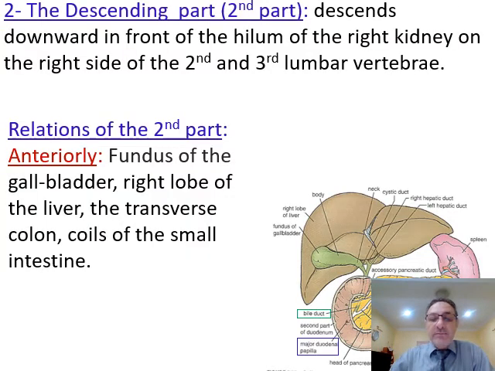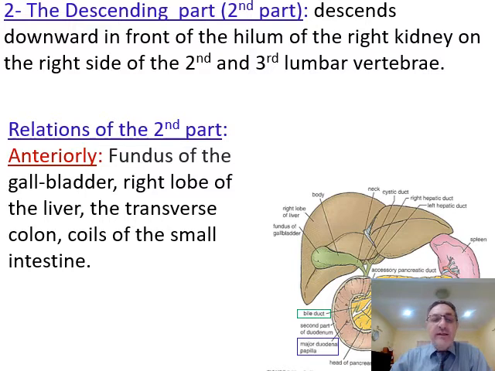This is the second part or descending part of the duodenum. It goes down in front of the hilum of the right kidney. So the right kidney is in this region.